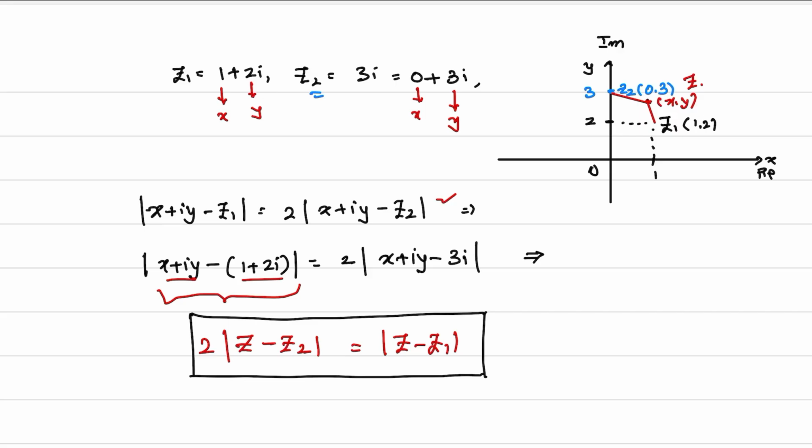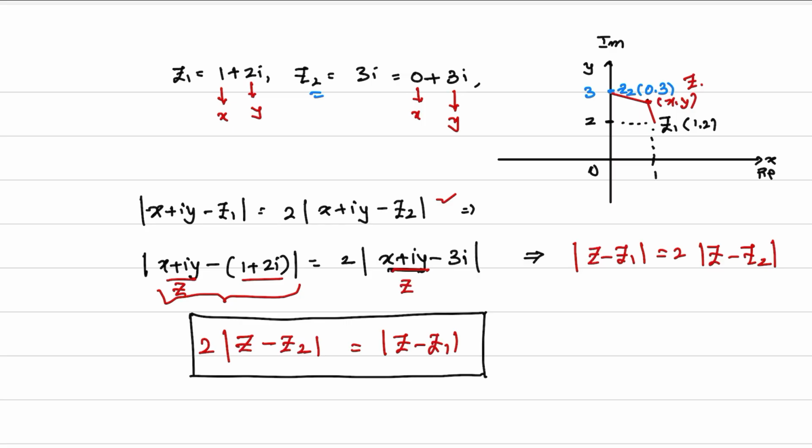X and y vary. They are variables, corresponding to the point Z. This is modulus of Z minus Z1 is equal to 2 into modulus of Z minus Z2.